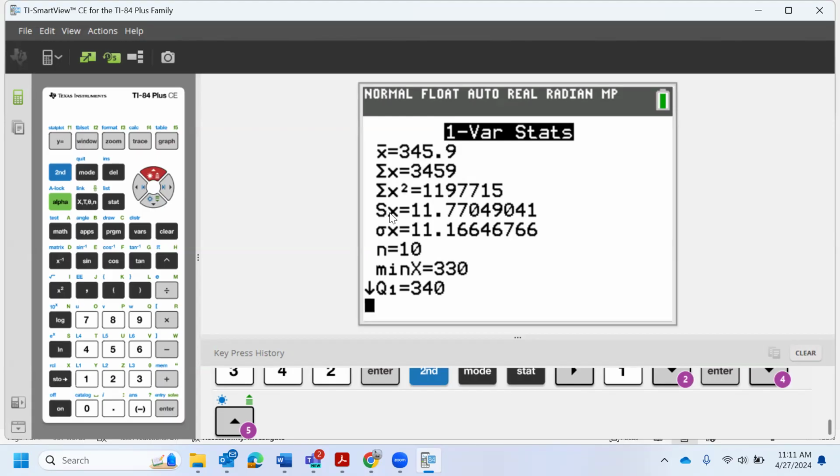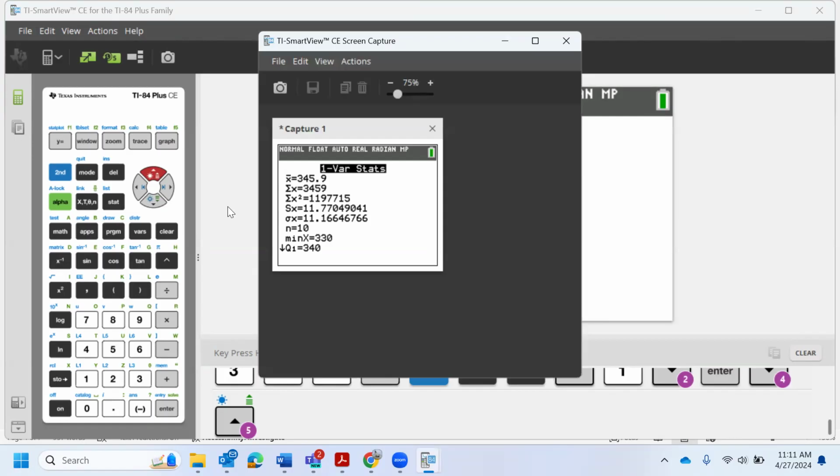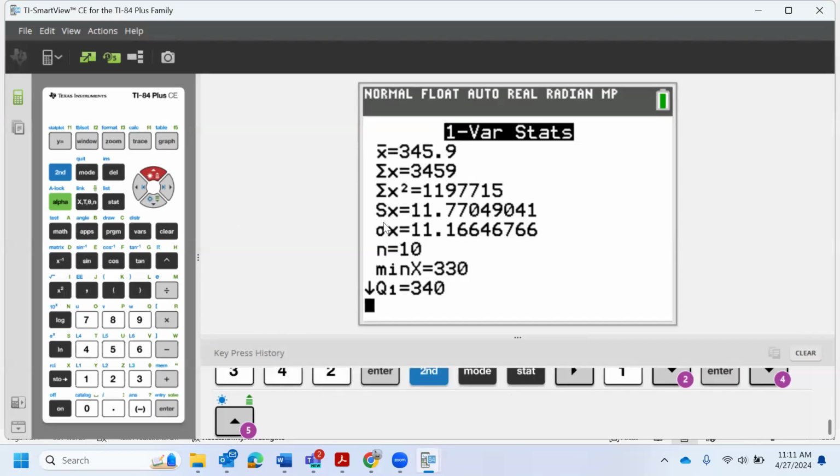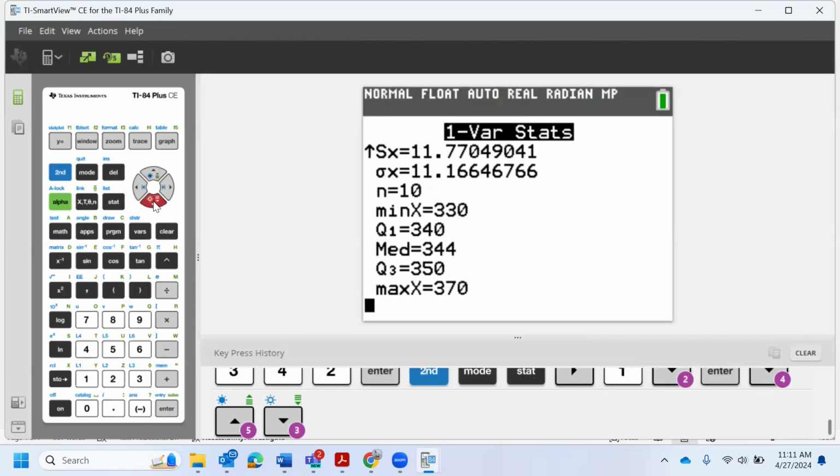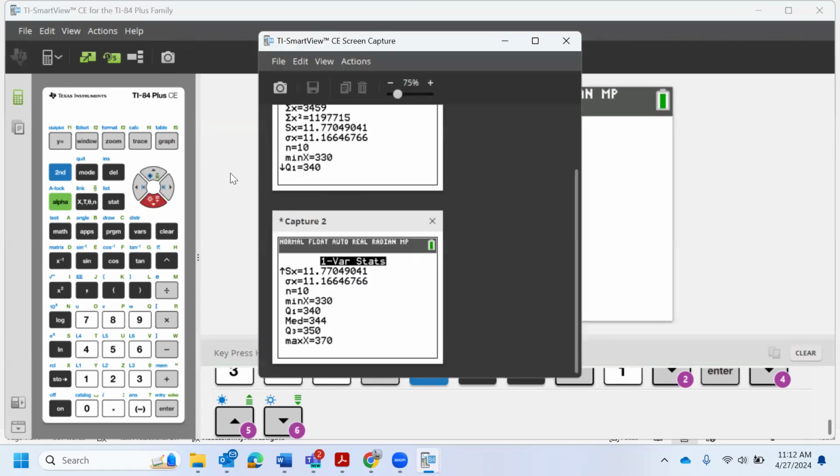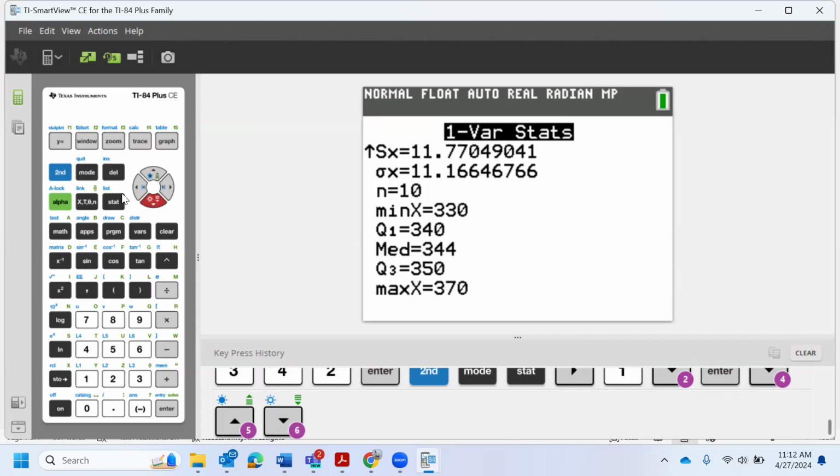For the standard deviation, you read the Sx only, not the sigma x. Let me copy this, and then we will do the same thing for runner 2.